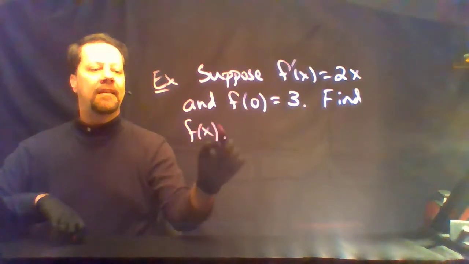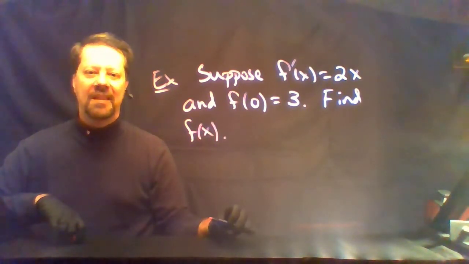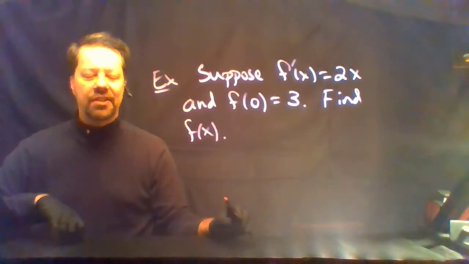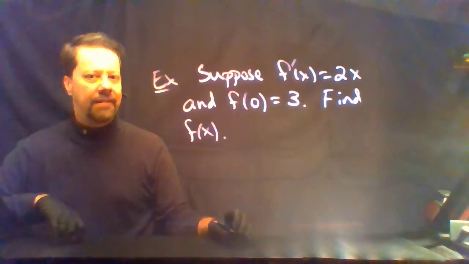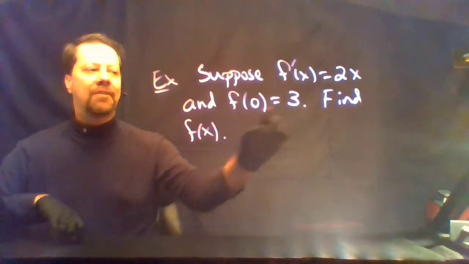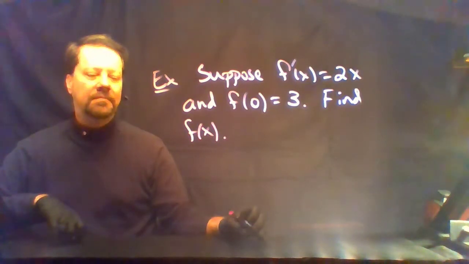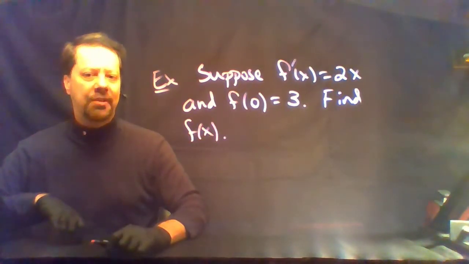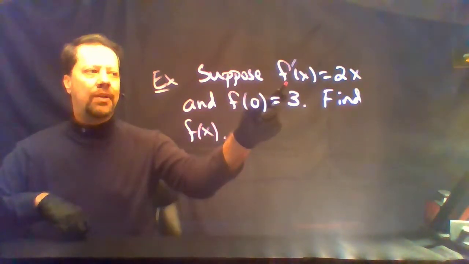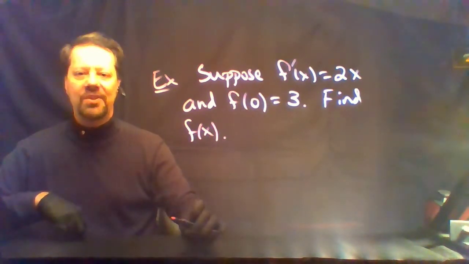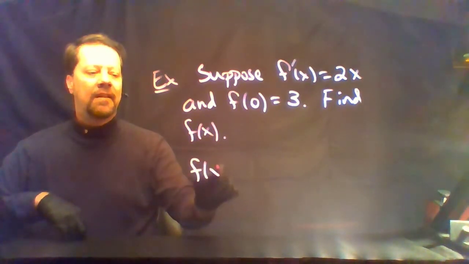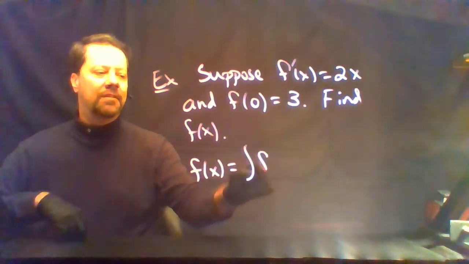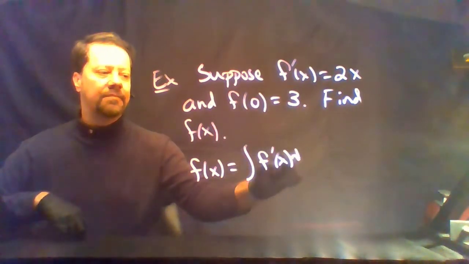Find f of x. This, by the way, is called an initial value problem. Whenever I have the derivative of a function given and the value of the function at one point, that's called an initial value problem. The goal is to undo the derivative, which we can do using the indefinite integral. F of x should be the integral of the derivative.